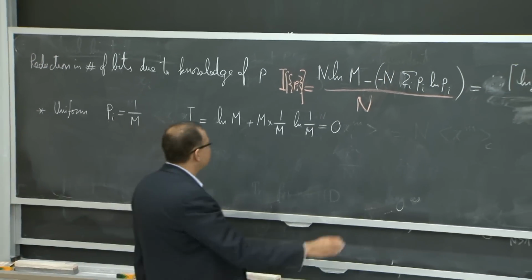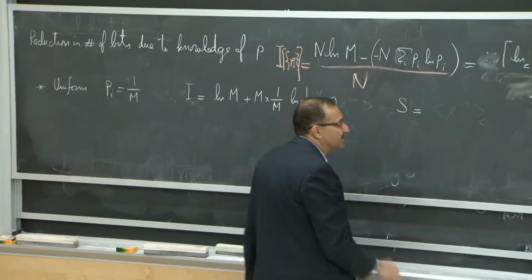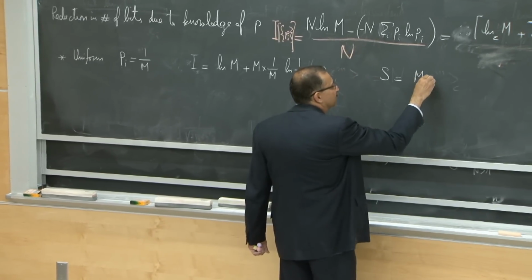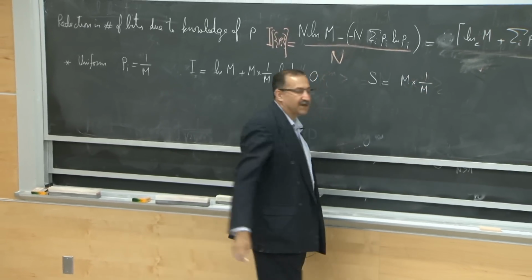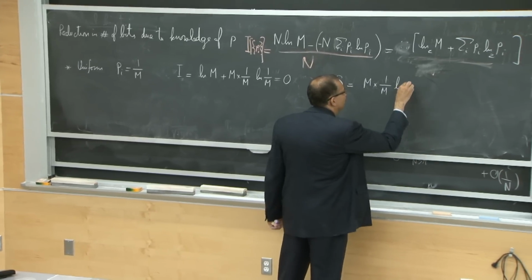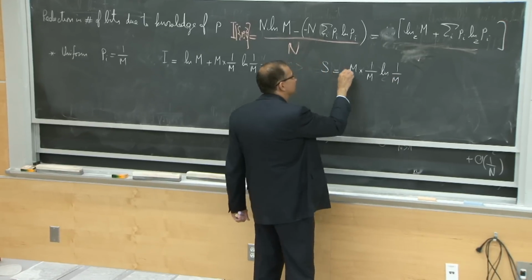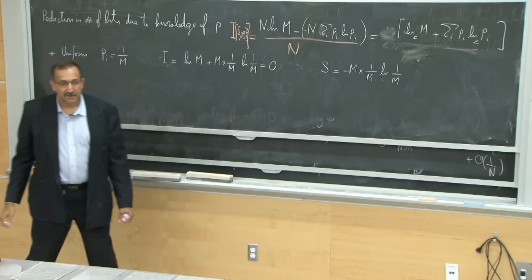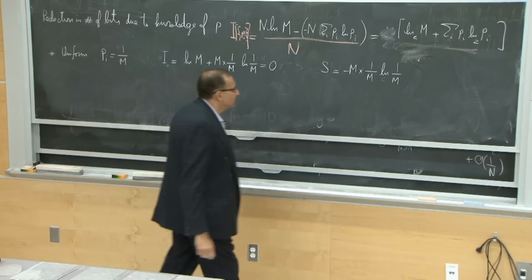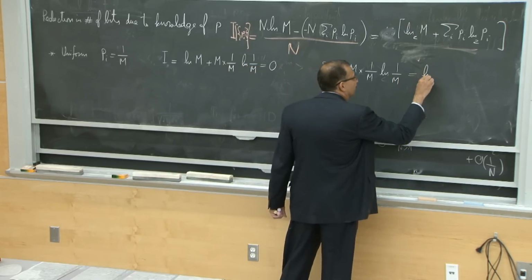If I ask what's the entropy in this case, the entropy is m terms. Each one of them has a factor of 1 over m, and then I have a log of 1 over m, and there's a minus sign here overall. So this is log of m.